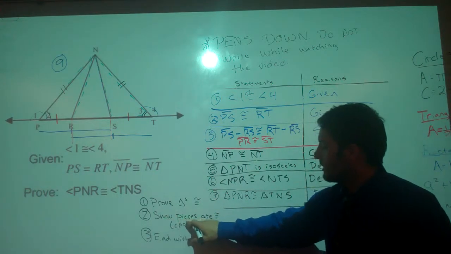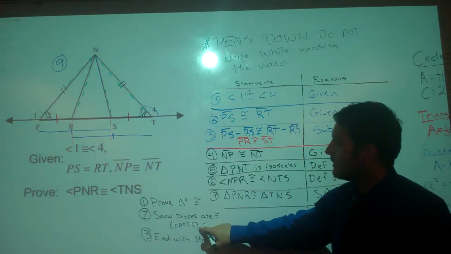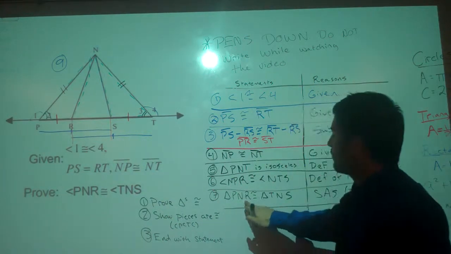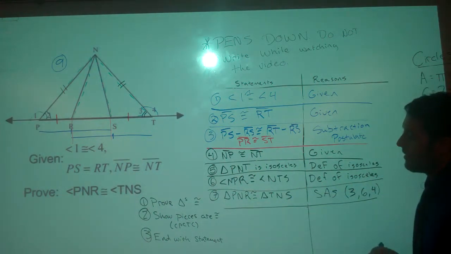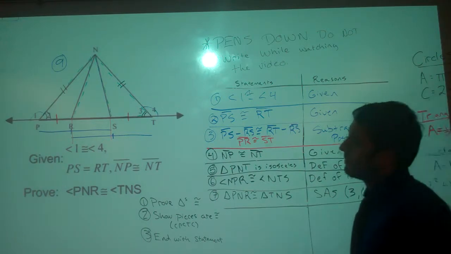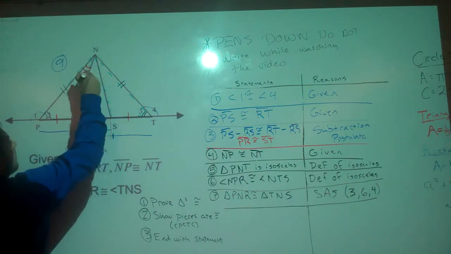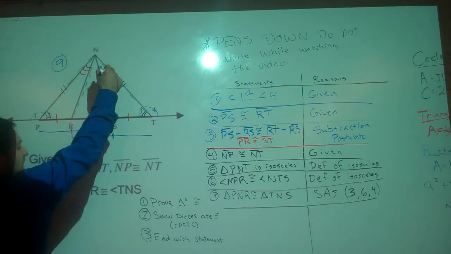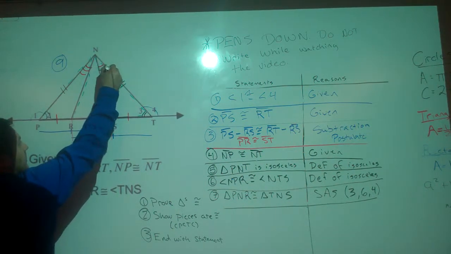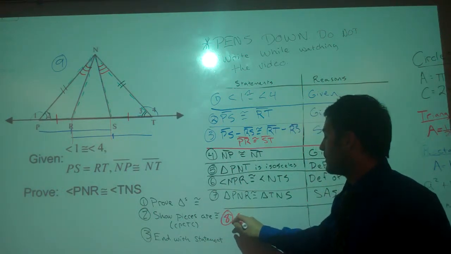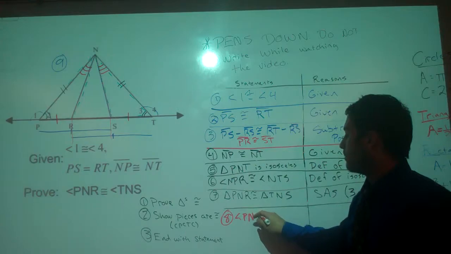Now I can say the pieces are the same by CPCTC. So if these green triangles are congruent, which I've just shown in step 7, then it logically follows that angle PNR is the same as angle TNS. The triangles are the same, therefore the pieces have to be the same as well.